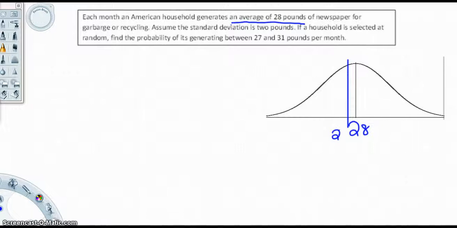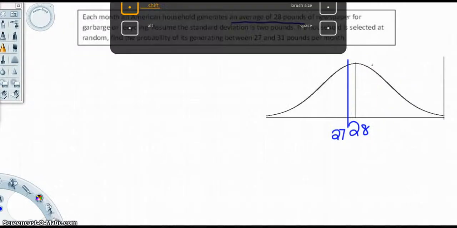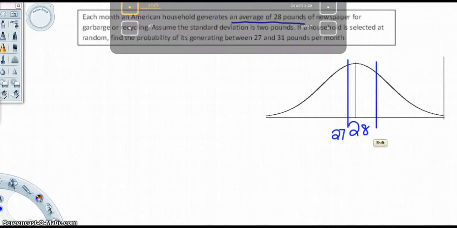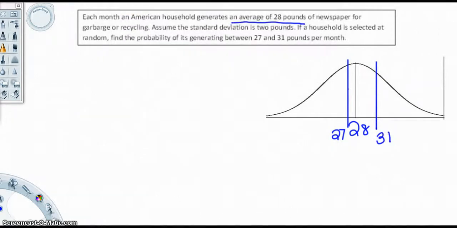So there's 27, and we have another straight line for 31. So we're looking at the area between these two here.